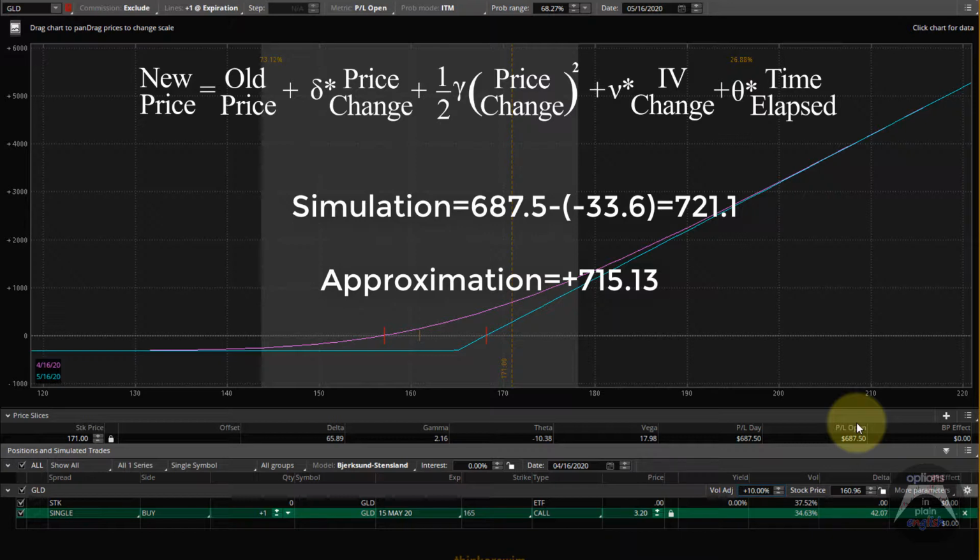So we're close enough. You can see that this approximation is a good way to get a sense of what your profit or losses are going to be when you don't have, for example, your platform available to you. Usually the changes in volatility are not that pronounced.